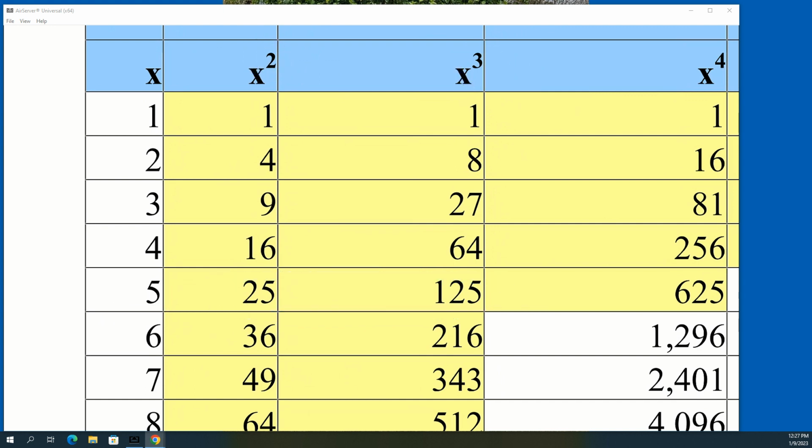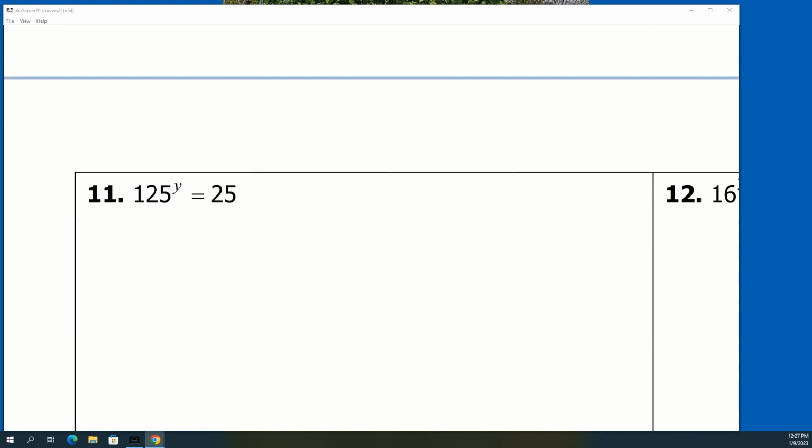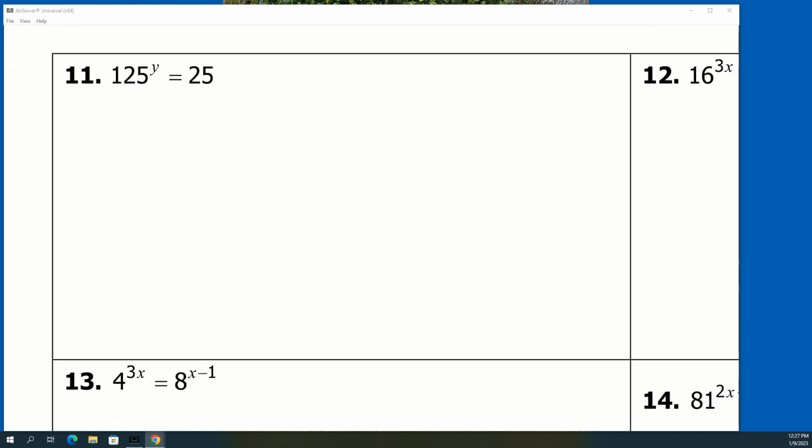All right, so the main difference today is just going to be a little bit more difficult at the beginning. So here we go. For 125, like we just said, that is the same as 5 to the third. Now, what do you think we do with the old exponent? Not add, we're going to multiply. You're going to multiply the new exponent by the old exponent.